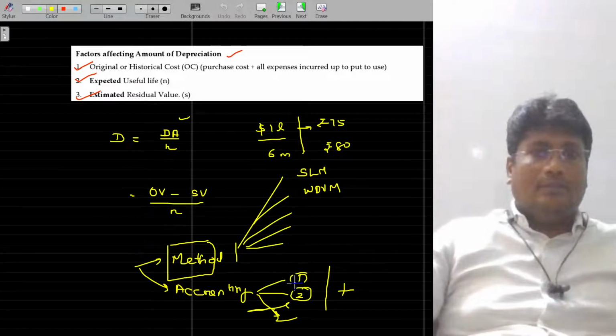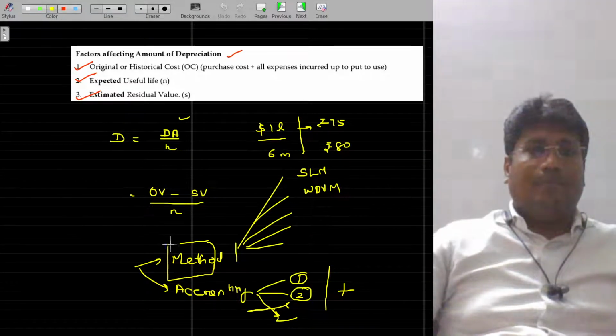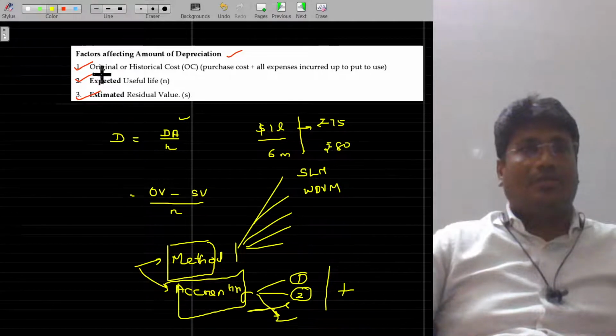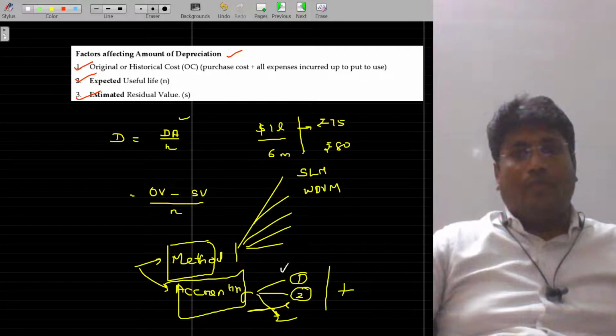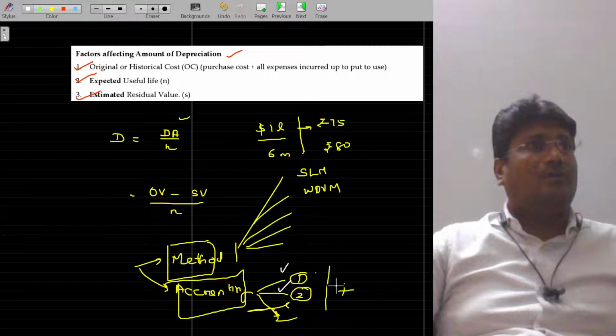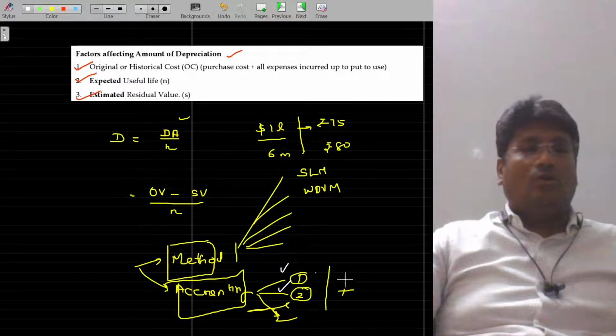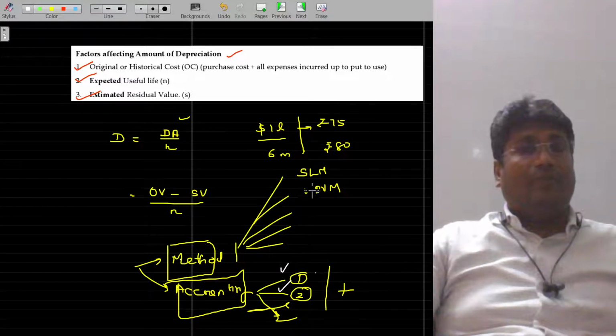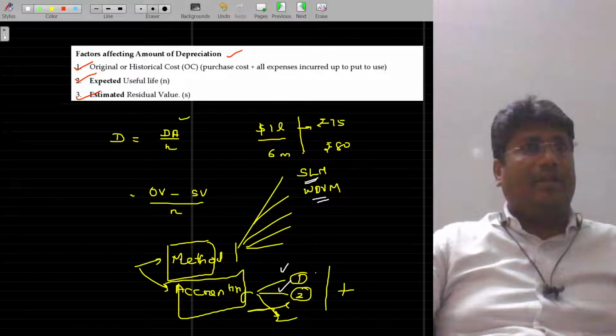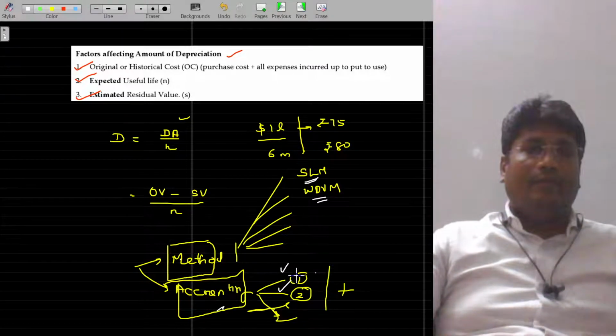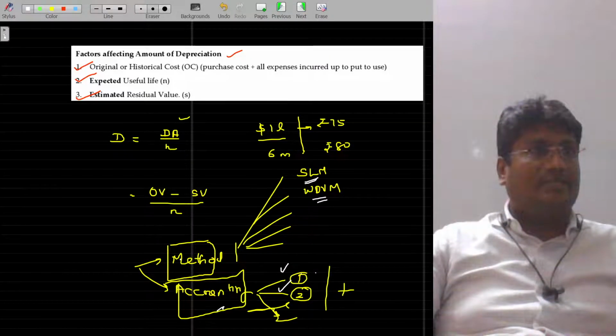Clear? Now, in the previous class, I briefed accounting of depreciation. Here, we have 2 methods. First method is all about what? The method of depreciation is talking about SLM and WDV method. Accounting of depreciation means the accounting treatment, passing the journal entry. Here, first one is charging the depreciation to the asset.